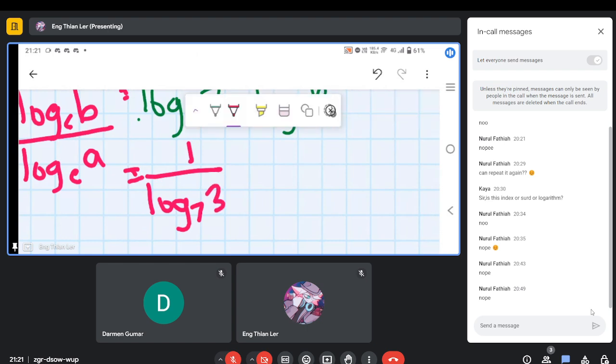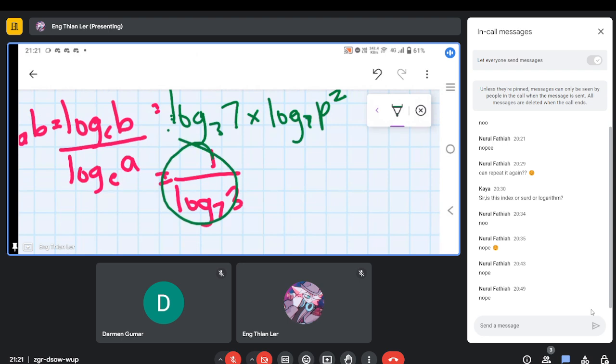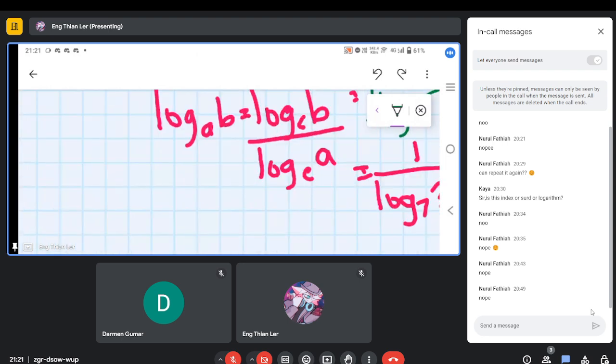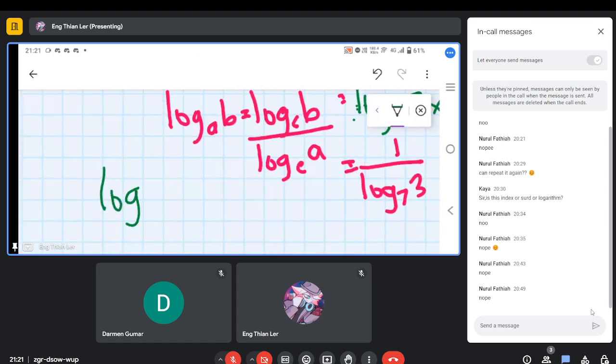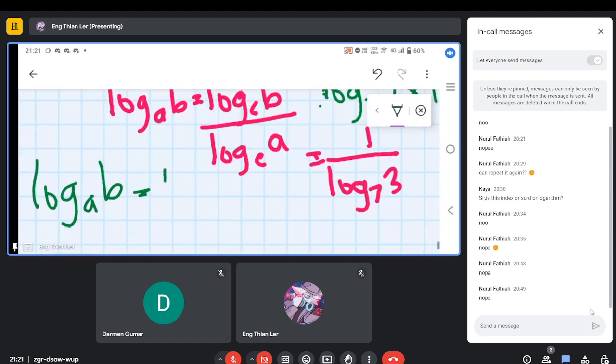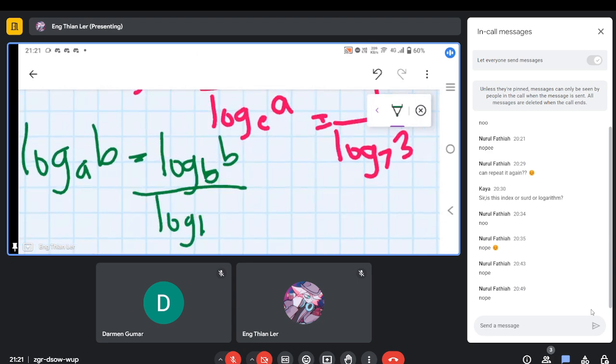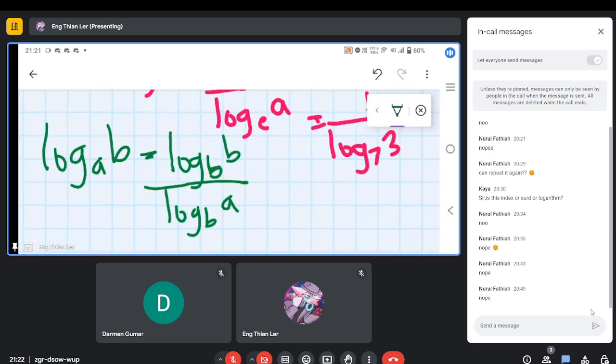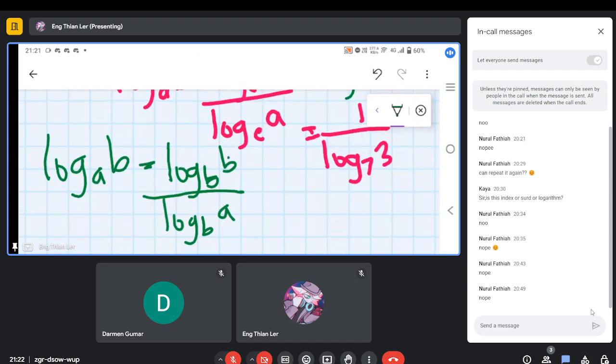So if you're wondering why taking the reciprocal changes the base, here is why. I will prove it to you again. Let's say log A base B, and I want to change the base from A to B. So it's the same as log B over log B A. Alright, so clearly this becomes 1.